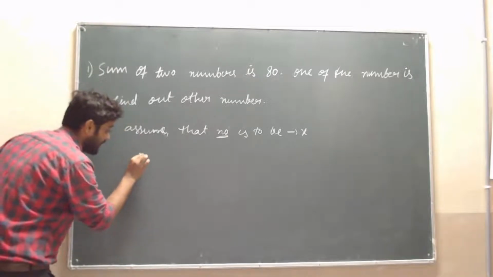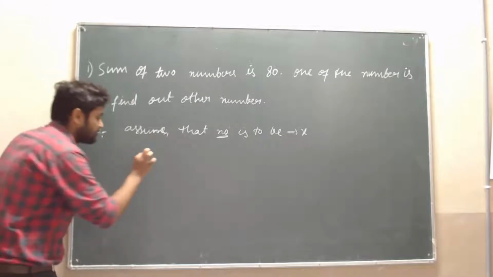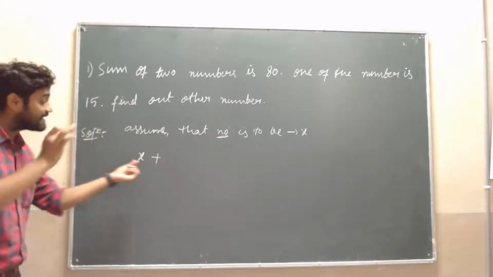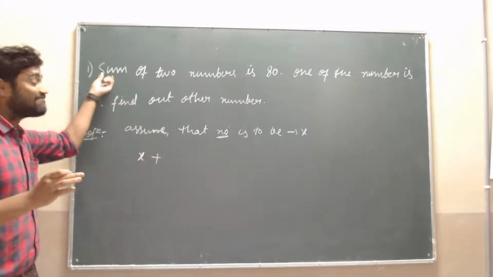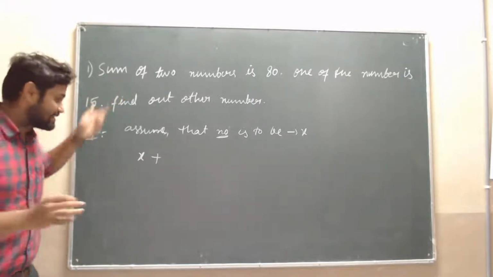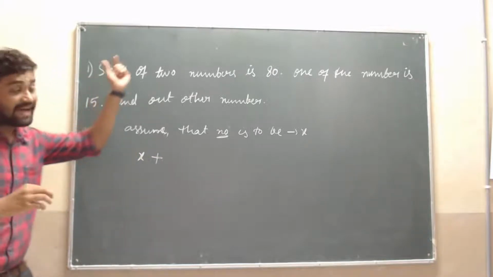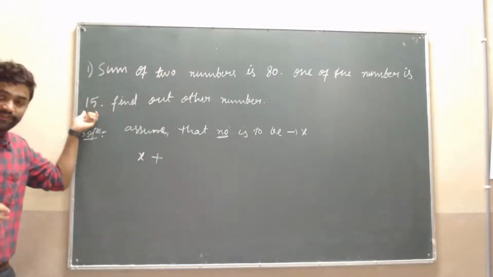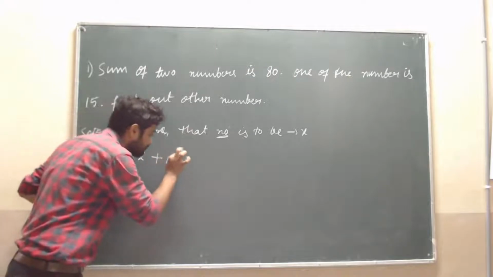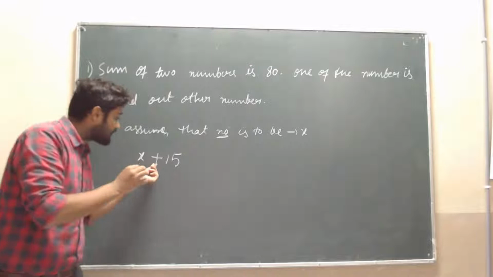See, x is also a number. Plus: why am I adding here? Because in the question he has given a sum. That's why I have taken plus. And the other number he has given is 15. Then x plus 15.